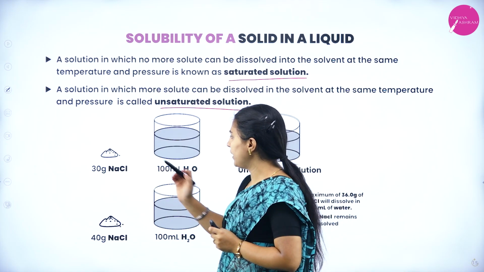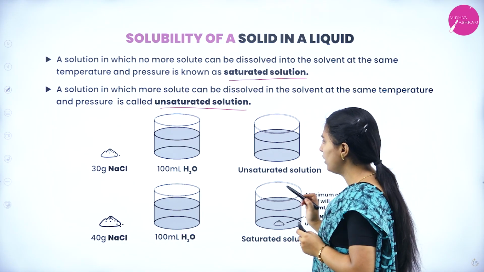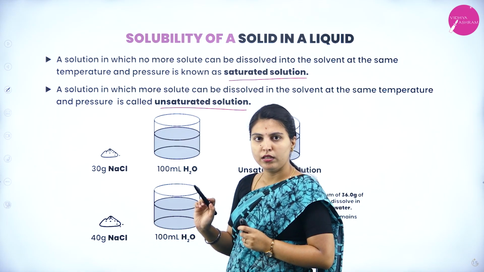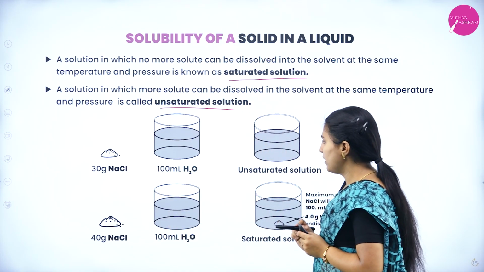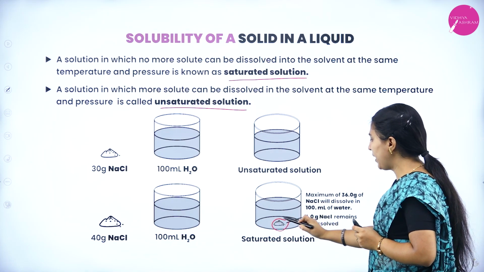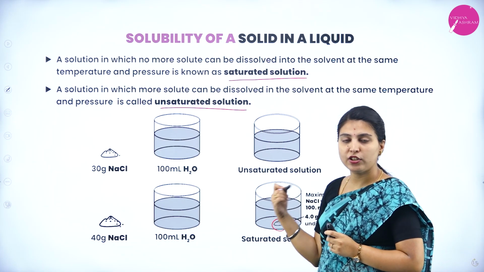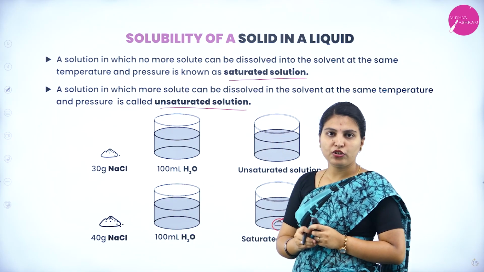Here they have taken 30 gram of NaCl in 100 ml of water, which forms an unsaturated solution, because it keeps on dissolving. If you take 40 gram of NaCl in 100 ml of water, after some time that NaCl will remain at the bottom, it will not dissolve completely. That means that is a saturated solution of NaCl or sodium chloride.